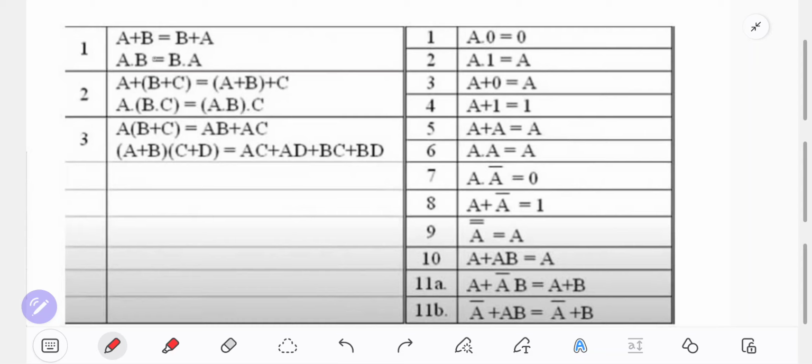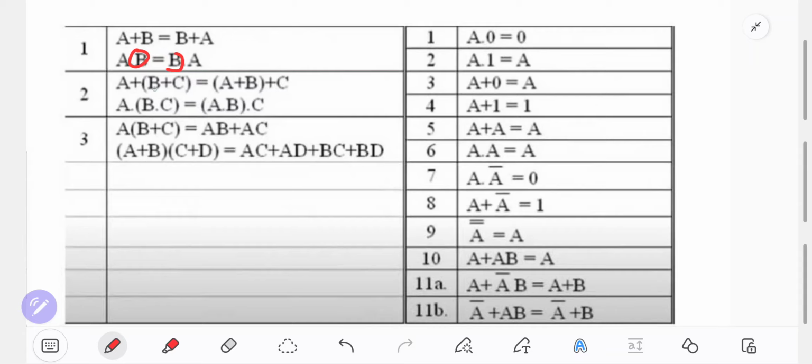Okay, you can write A plus B is equal to B plus A. For AND gate logic, A times B is equal to B times A.